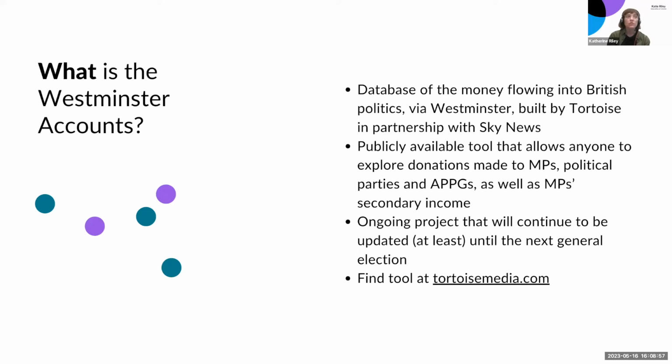And the other thing you should know about the Westminster Accounts is that it's an ongoing project. So it's being updated with each new register that it pulls data from, every time there's a new register, and we're going to keep updating it, I think, at least through the next general election.